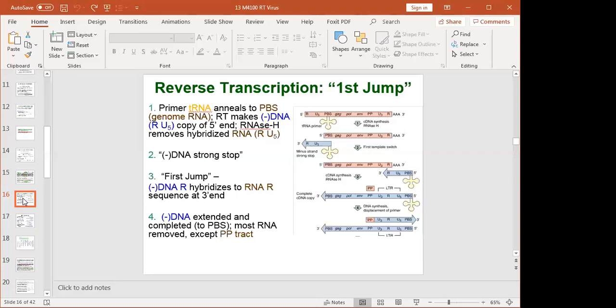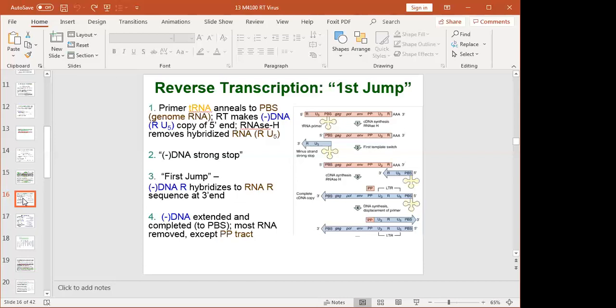The negative strand jumps, the R region of it hybridizes to the R region on the RNA. The negative DNA strand will be extended and goes through those sequences. The sequences include U3, PP, ENV, POL, GAG, and PBS.